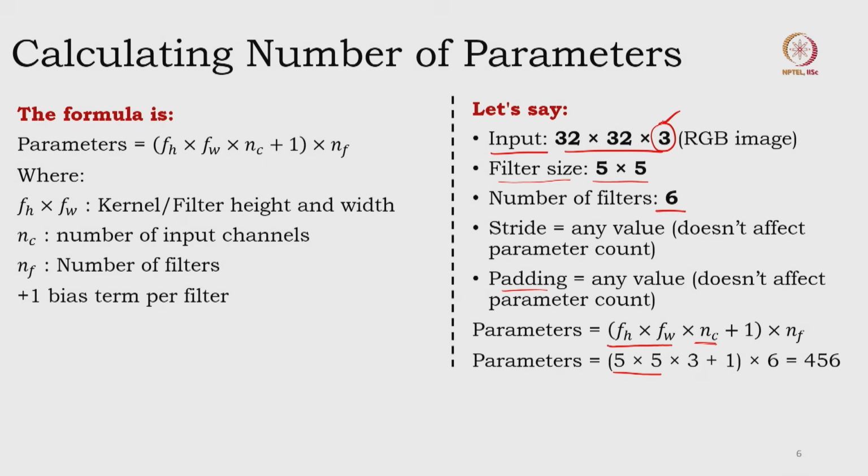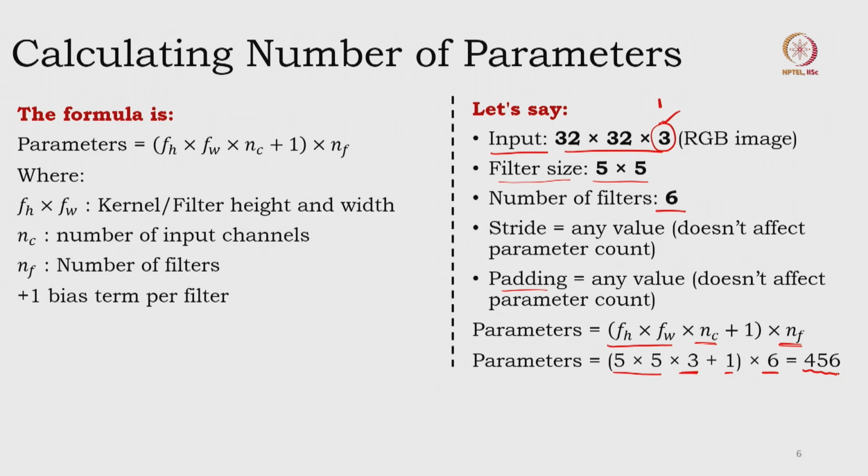If you are considering grayscale or binary, the number of channels will be 1. So, since it is RGB, the channel is 3. Plus 1 bias term, and then how many such kernels are we considering? The number of such kernels or filters is 6. So substitute the values in this formula, and when you calculate, we are going to get this.